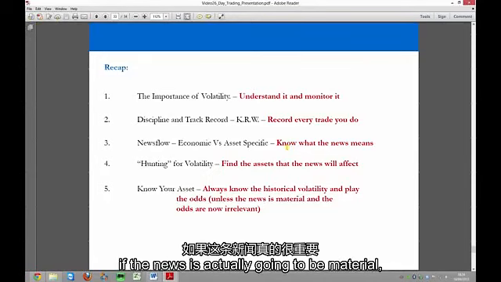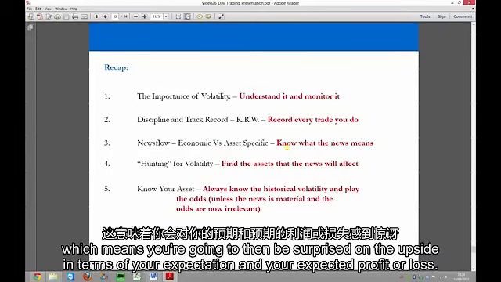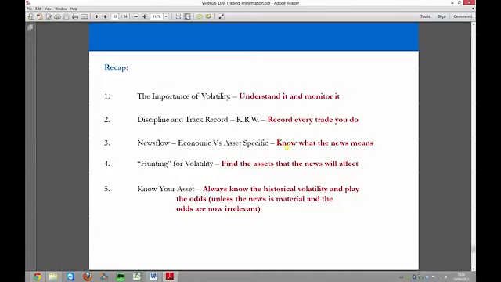And if the news is actually going to be material, the volatility will be bigger, which means you're going to be surprised on the upside in terms of your expected profit or loss.